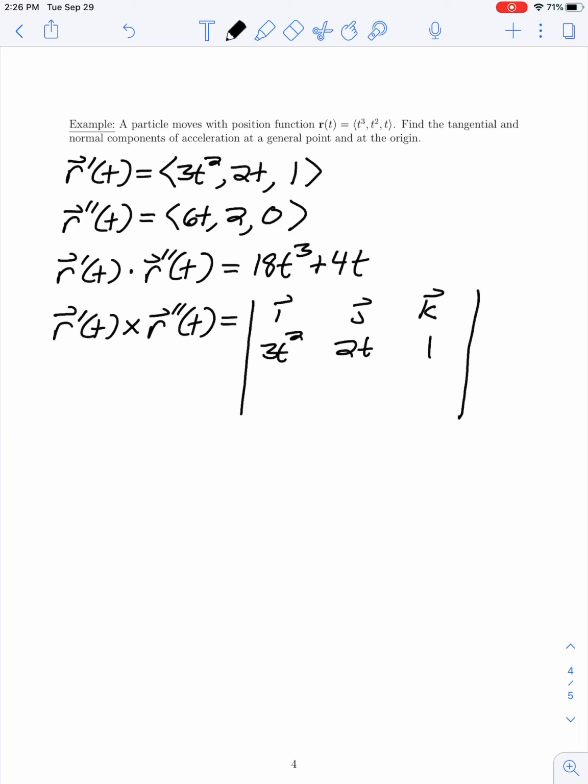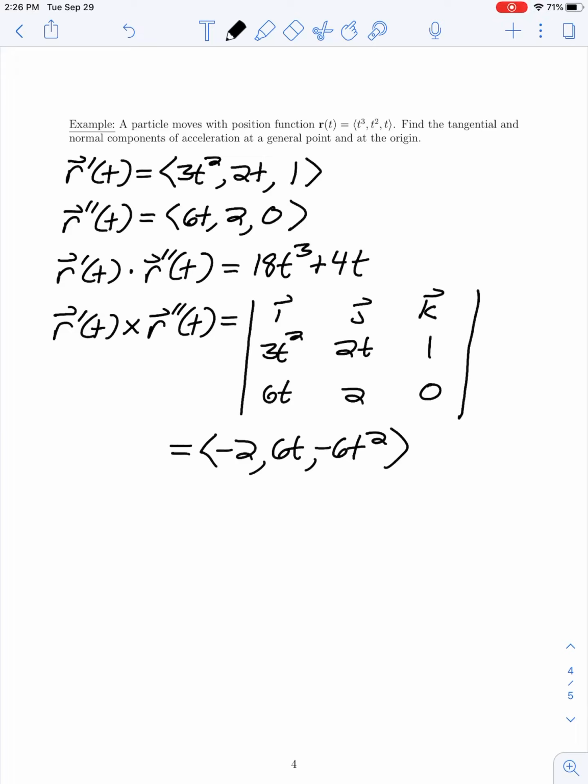And our third row would be the entries of r double prime, which are 6t, 2, and 0. For this cross product, our i component would be 0 minus 2, so negative 2. The j component would be 6t minus 0, or just 6t. And the k component would be 6t squared minus 12t squared, or negative 6t squared.